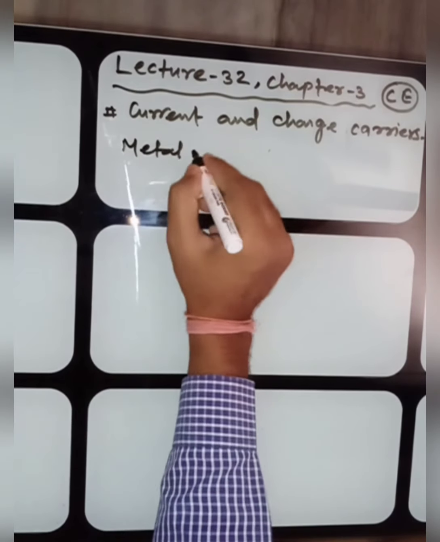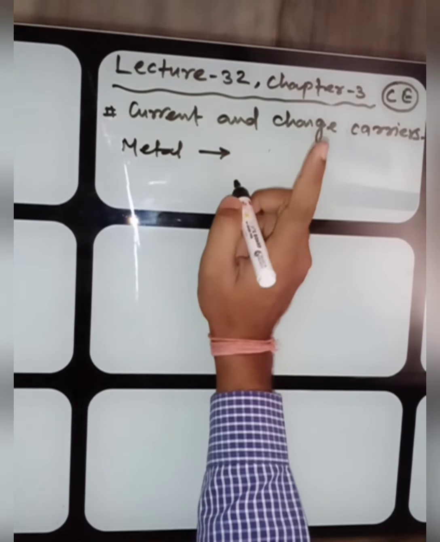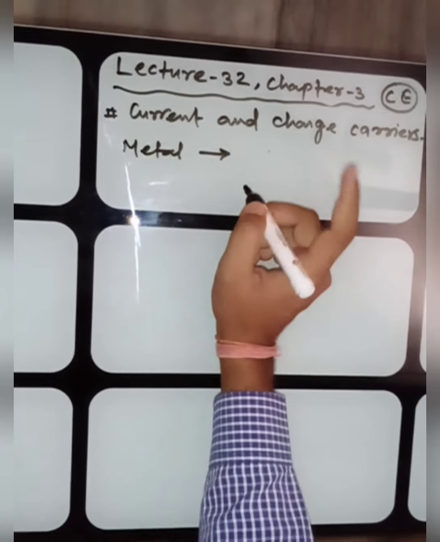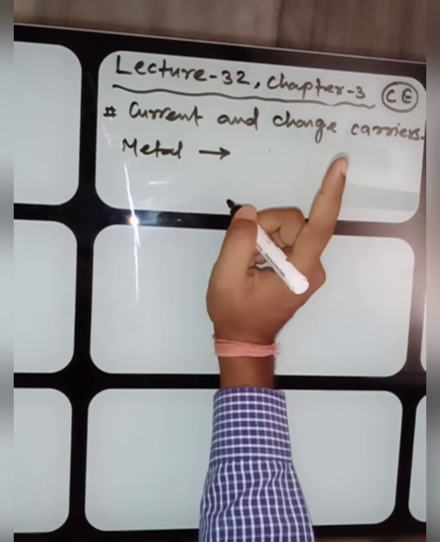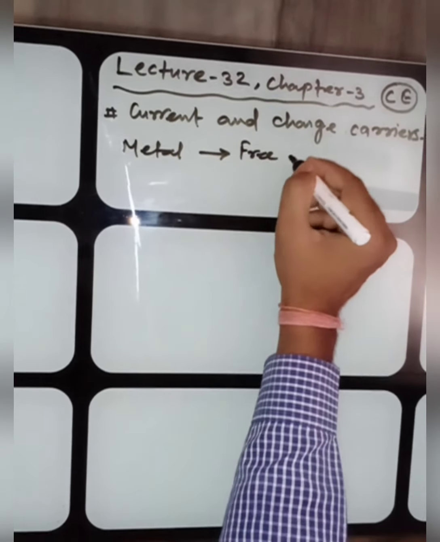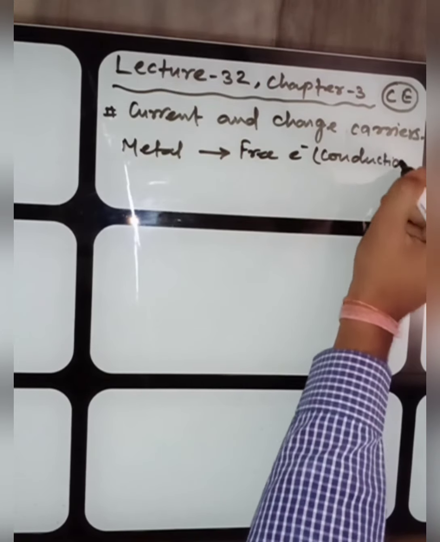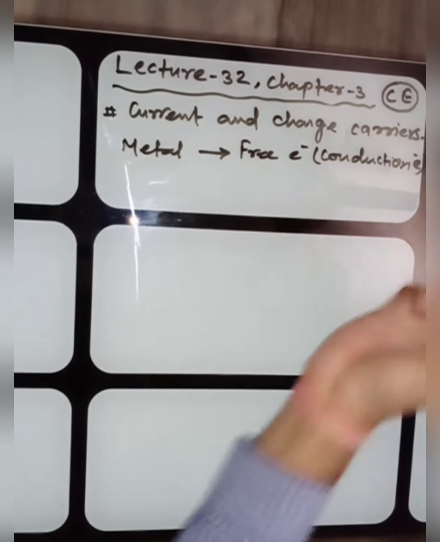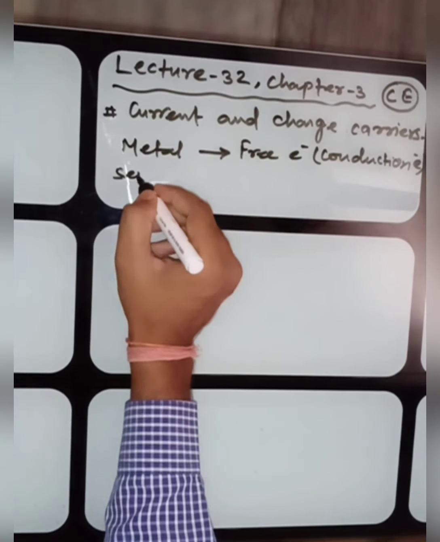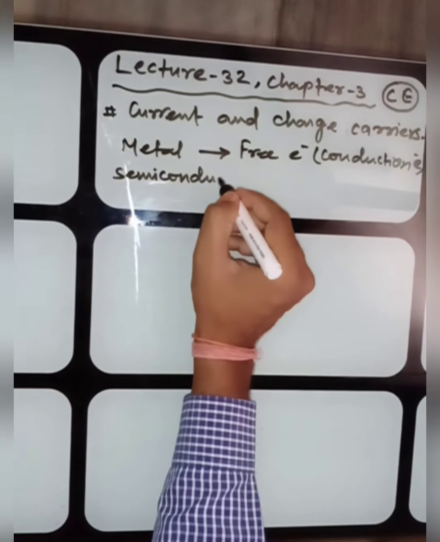In metal, that is the conductor, remember my dear students, there will be only electrons. In metal, it is the free electron, also called the conduction electron, that is responsible.